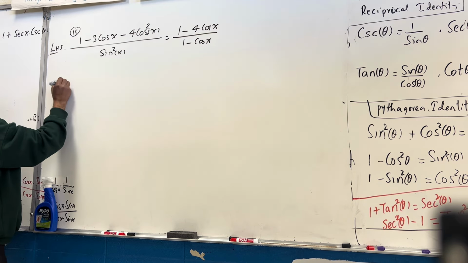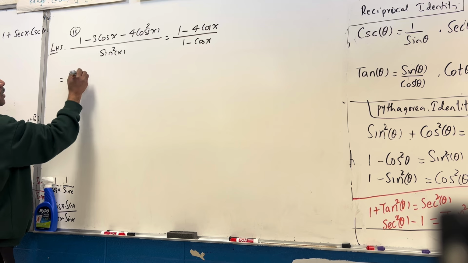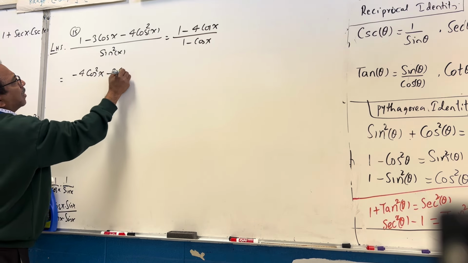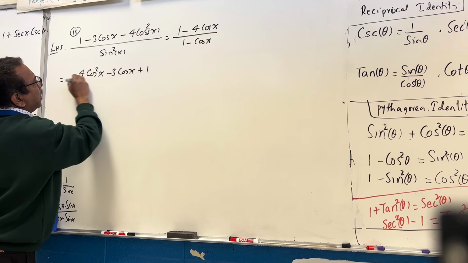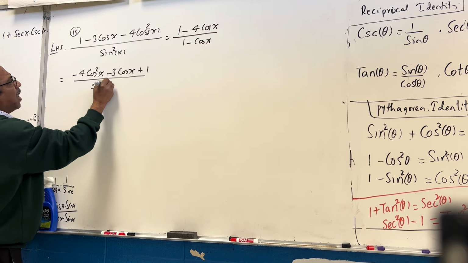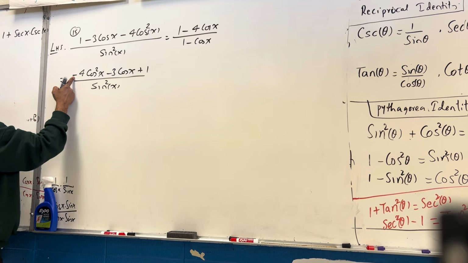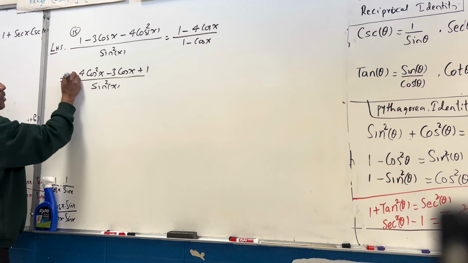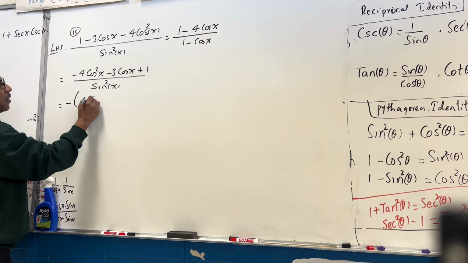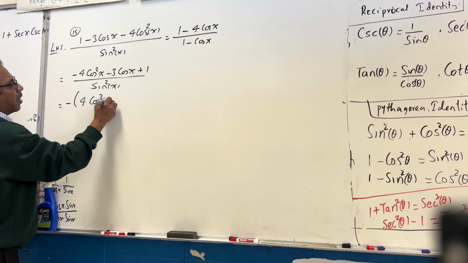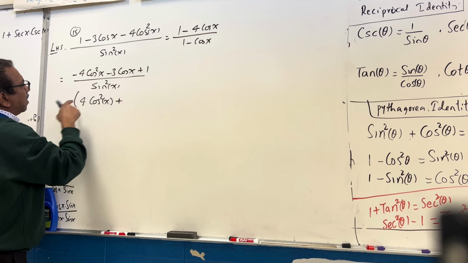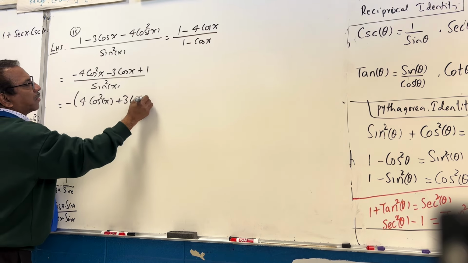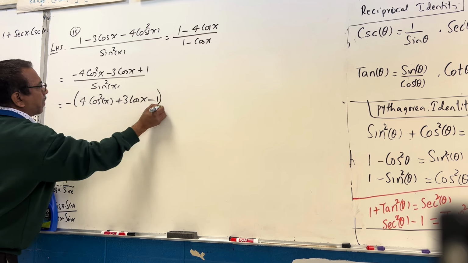So I'm going to write 4 cosine square of x first. So that's the left side. And I'll take the minus out, undoing the distributive property, so we can write this as minus the quantity 4 cosine square of x plus 3 cosine of x minus 1.